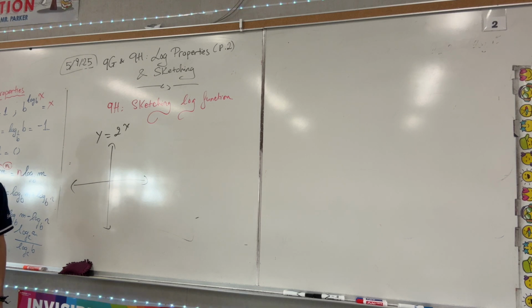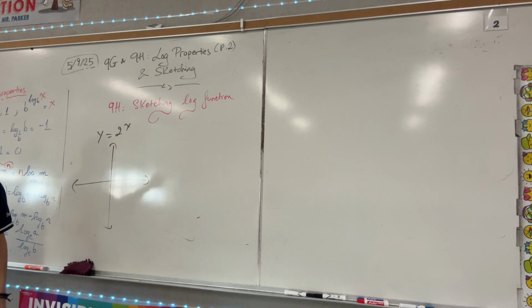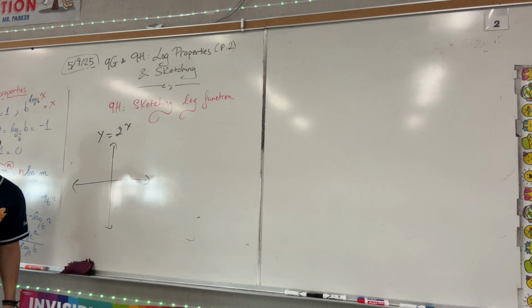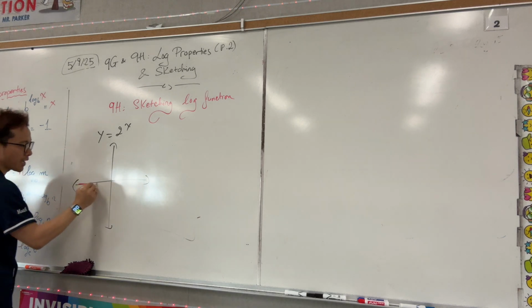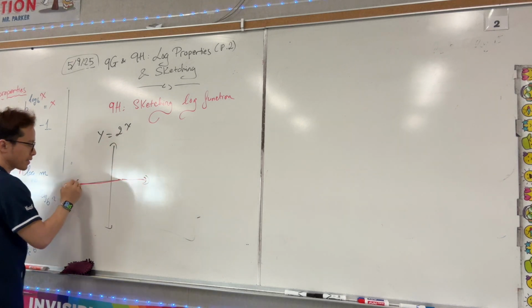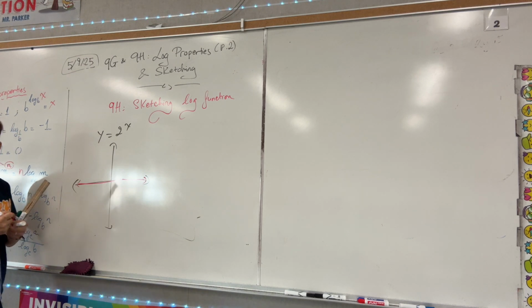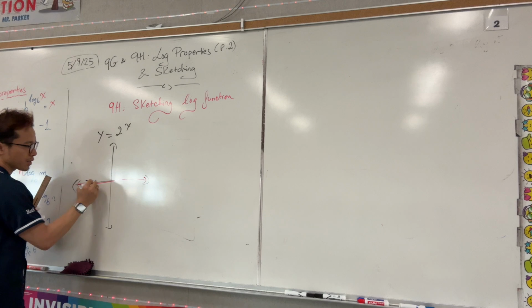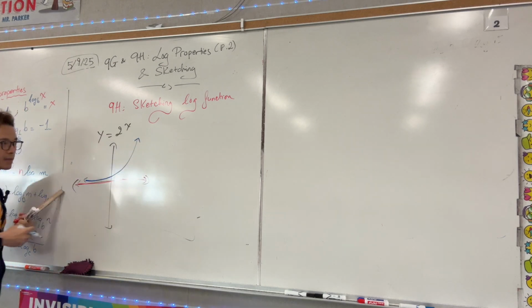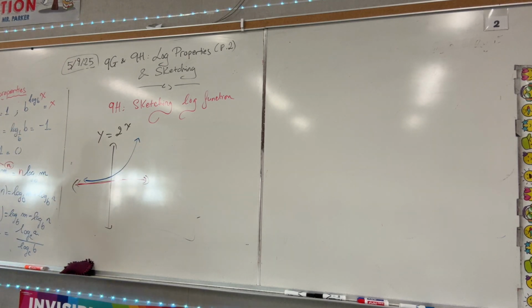It gets closer and closer but never touches, right? So your HA for this one right here is going to be here. And then the graph is going to look like this. Do you remember how the graph looks like for the exponential? This one, right?